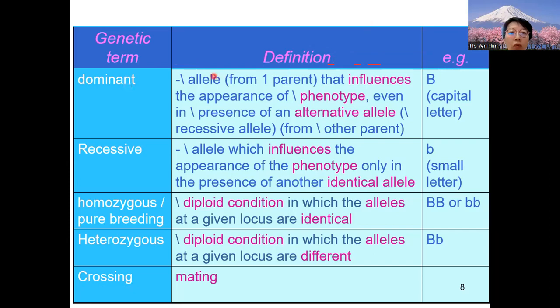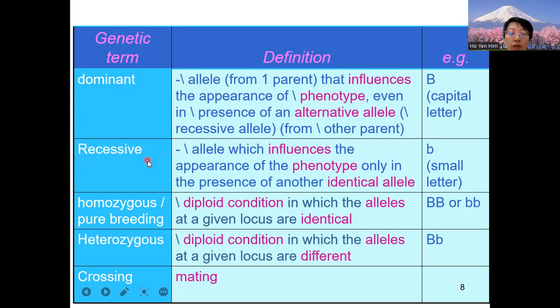It is the allele from one parent that influences the appearance of the phenotype, even in the presence of an alternative allele, called the recessive allele, from the other parent. Big B is dominant because when big B and small b are present, only the characteristic coded by big B can be seen in the phenotype. So big B is considered the dominant allele.